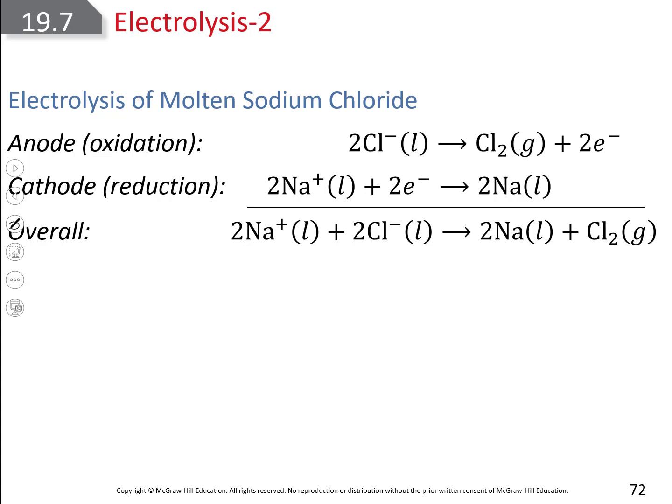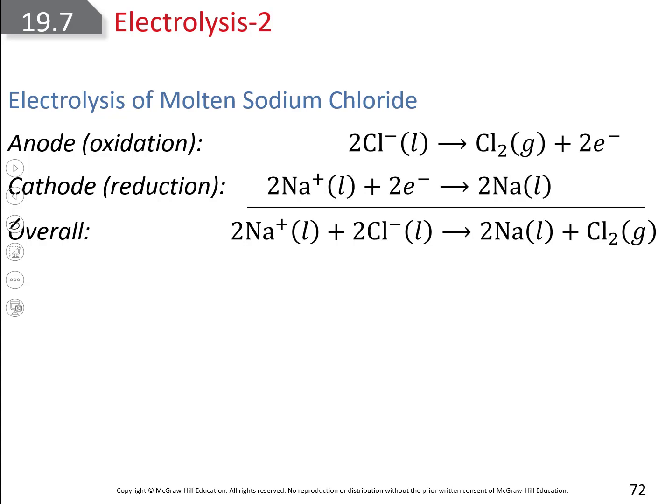So the first step in this electrolysis, we're going to take sodium chloride and heat it up until it's molten, so it's liquid. Once it's liquid, then we can have a redox reaction occur where we take the chloride ion in the sodium chloride, we oxidize it so it loses electrons so that it ends up being chlorine with no charge. That's a gas.